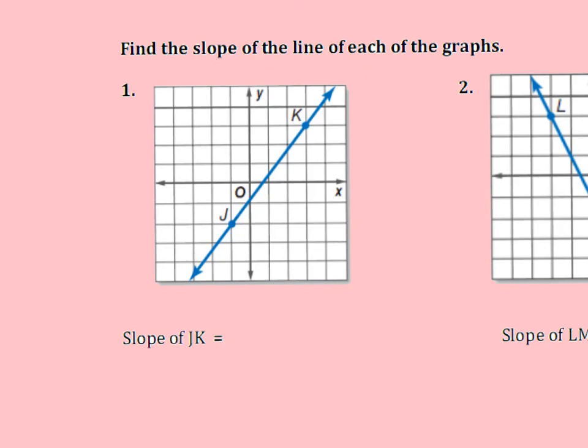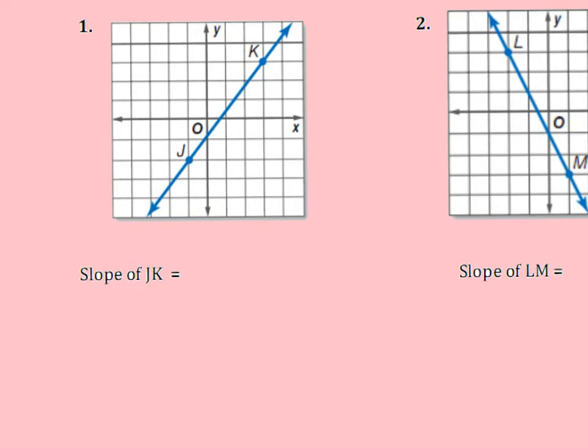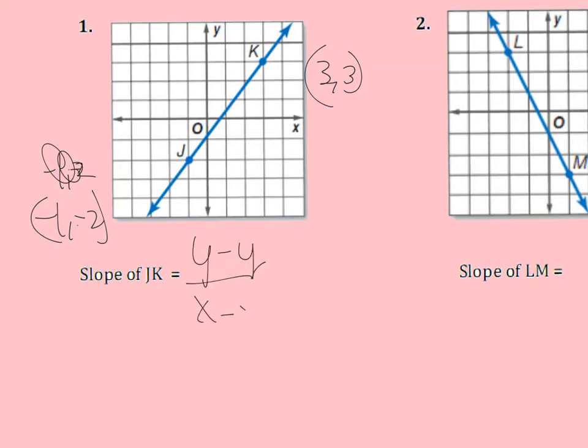So let's take a look here, from J to K. If I want to figure it out algebraically, I can do this. J is going to be at negative 1, negative 2, and K is going to be at 3, 3. So y minus y over x minus x, algebraically: I'm going to go 3 minus negative 2 over 2 minus negative 1.